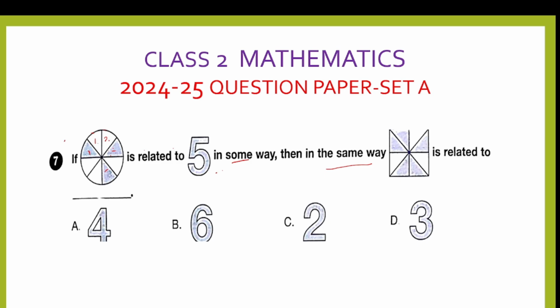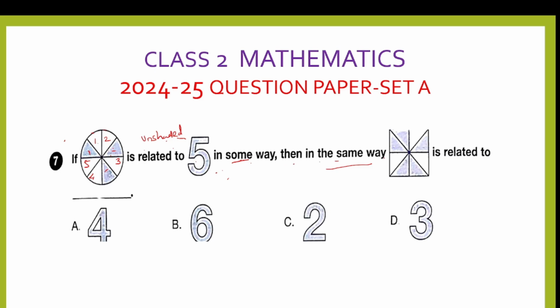So that is 1, 2, 3, 4 and 5. Means the 5 is related to the unshaded regions.